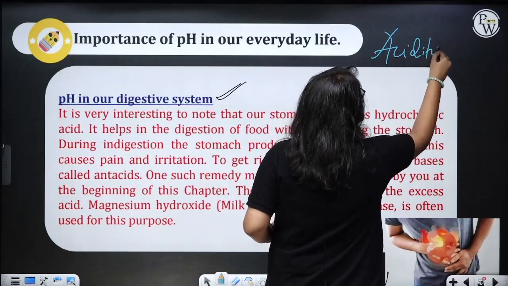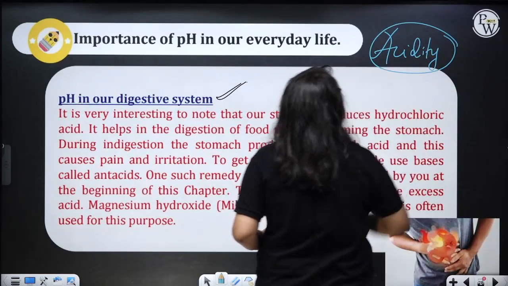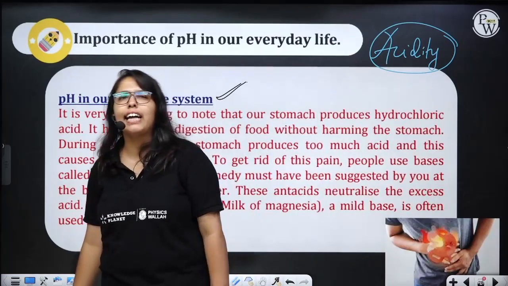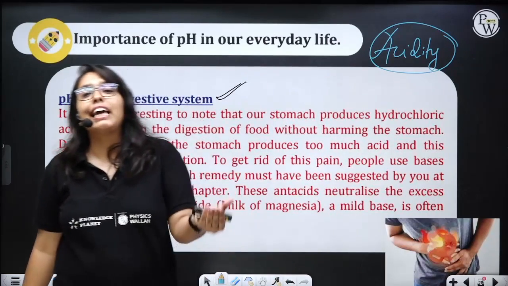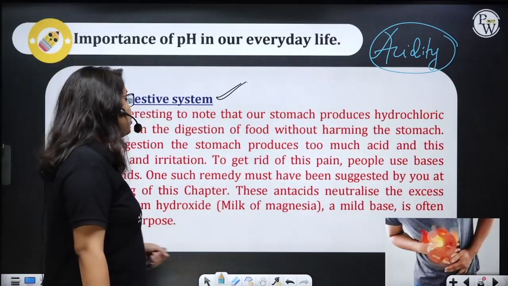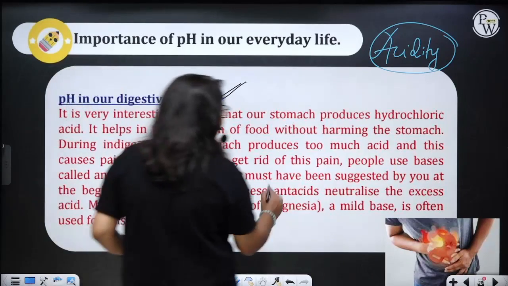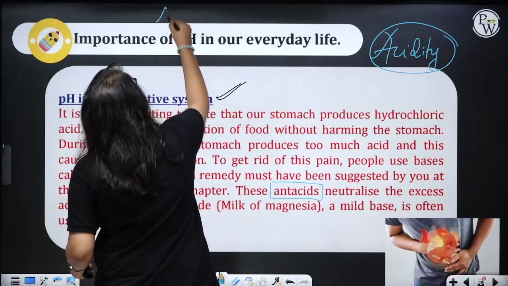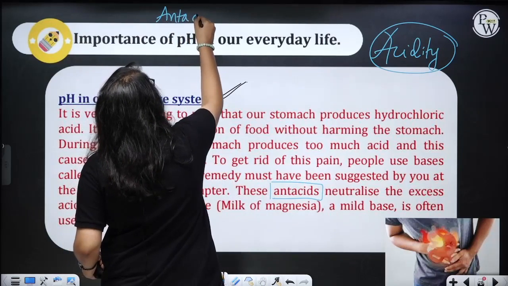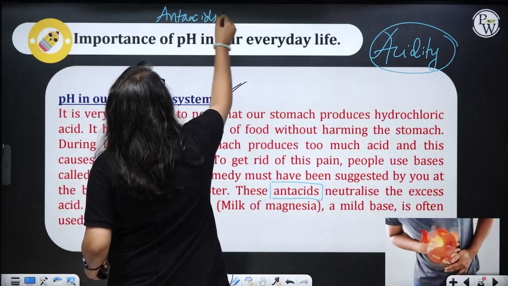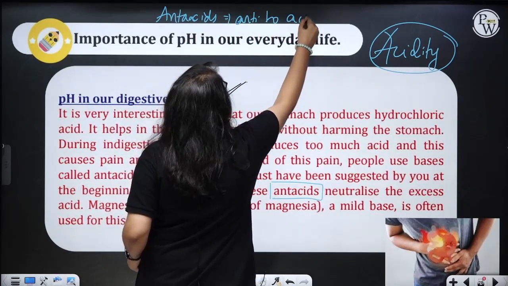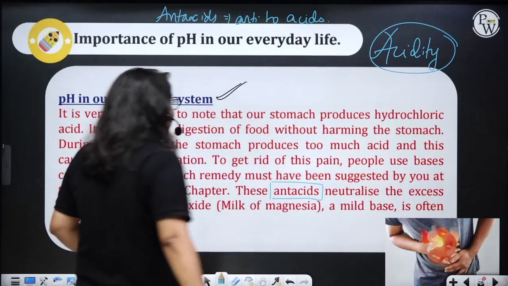So now the acidic content in our stomach has increased. So we'll have to neutralize this acidic content, right? How do we do that? By adding a base. And what base do we use? We use antacids. Antacids are nothing but anti-acids.